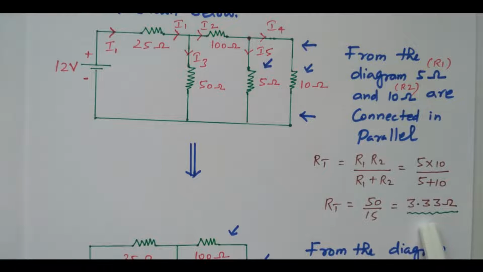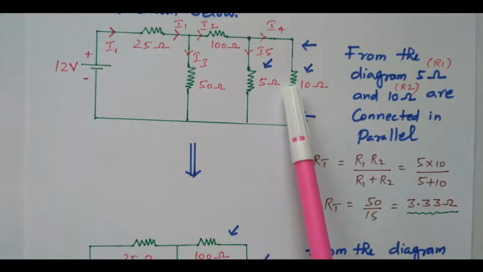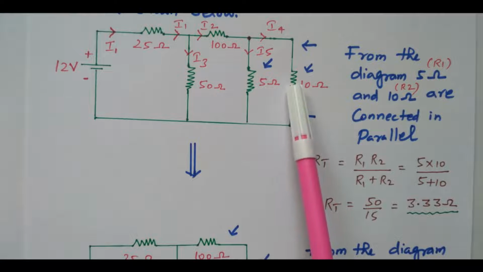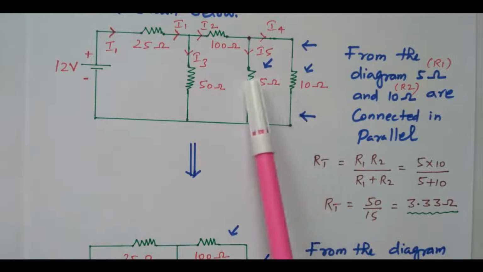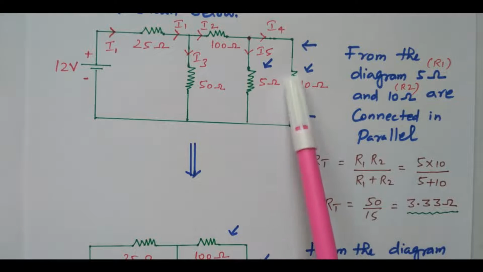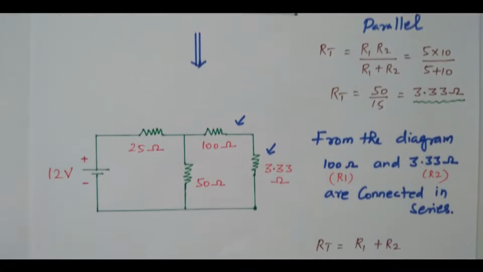The resultant will be 3.33 ohm. By inspecting the current, we easily identify these two are in parallel. So the equivalent resistance of these two parallel resistors is 3.33 ohm. Now we can replace these two with 3.33 ohm, which is available in the next diagram.